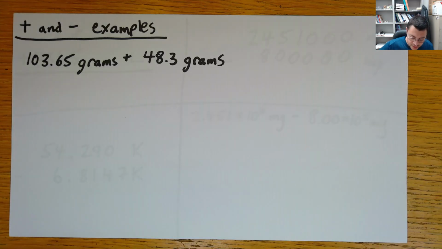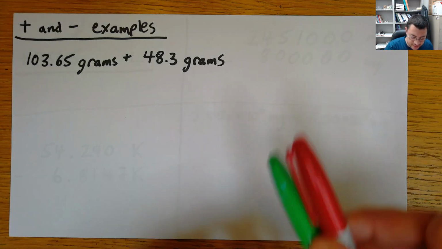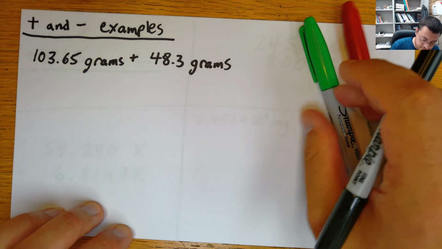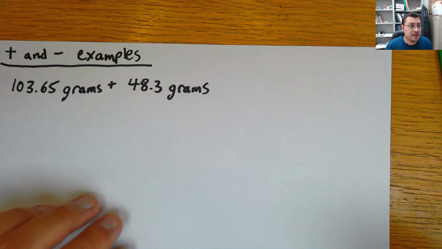All right, so let's say we got a problem like this, just written like this: 103.65 grams plus 48.3 grams. The way I like to set up this problem is very visually. So I'm going to be lining up my digits.